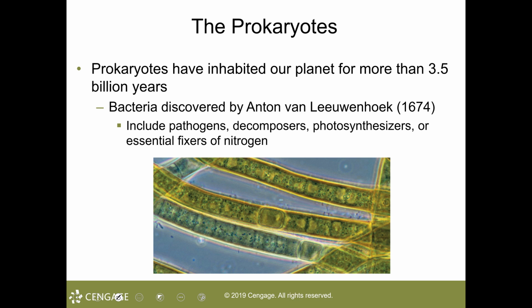These organisms, informally called prokaryotes, have been on the planet we inhabit, class, for more than 3.5 billion years. Much longer than the eukaryotes, which evolved 2.2 billion years ago.